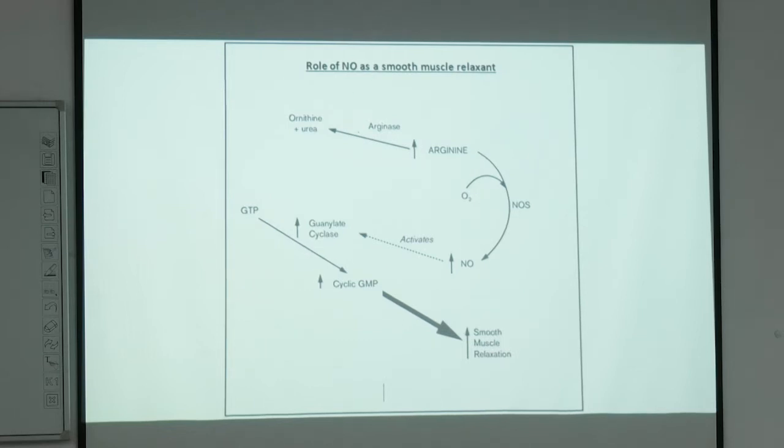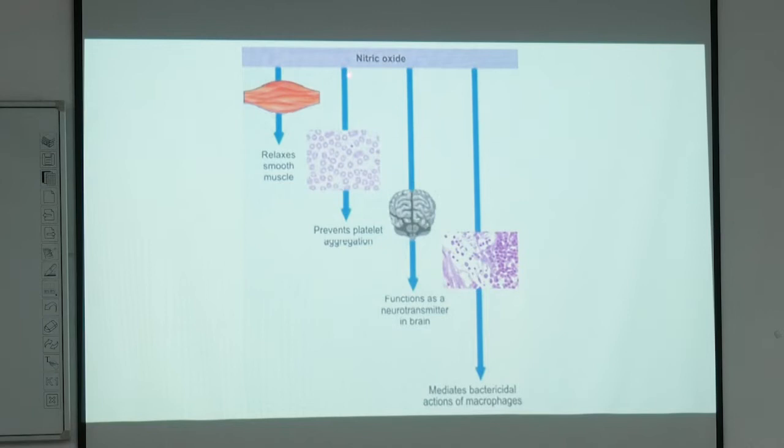So these are some of the functions of nitric oxide: relaxation of smooth muscles, prevention of platelet aggregation, and it also acts as a neurotransmitter. It helps in the action of the macrophages.